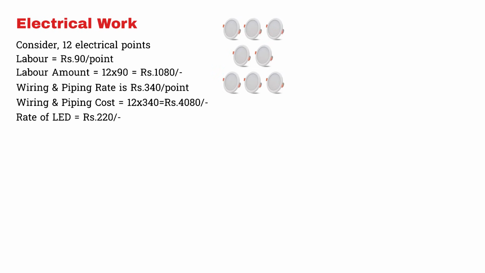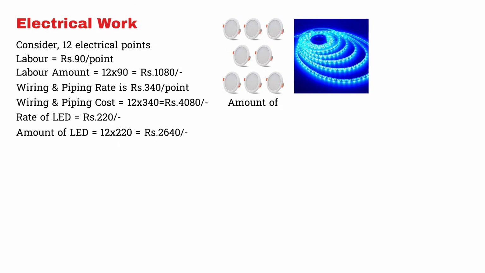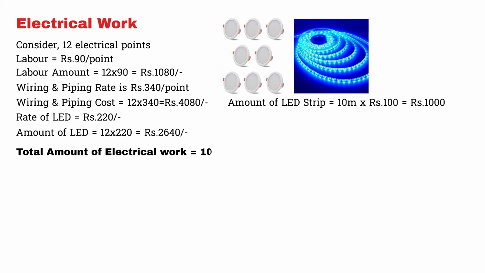We have considered 12 LED lights. So 12 into 220 is equal to 2640 rupees. Cost of LED strip is equal to 10 meter into 100 is equal to 1000 rupees. So total amount of electrical work is equal to 1080 plus 4080 plus 2640 plus 1000 is equal to 8800 rupees.